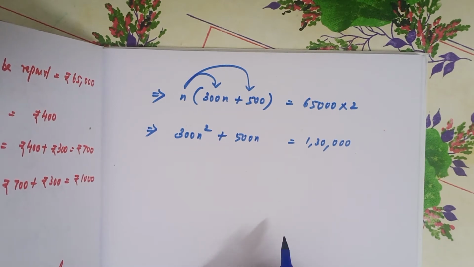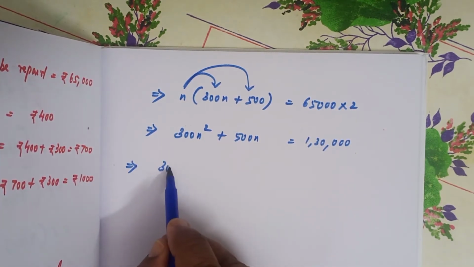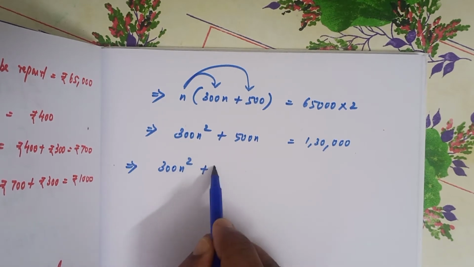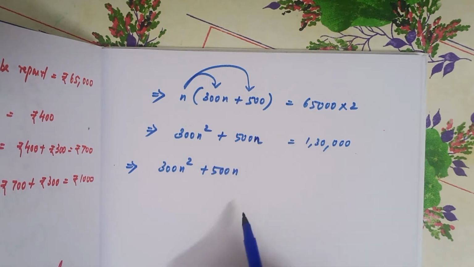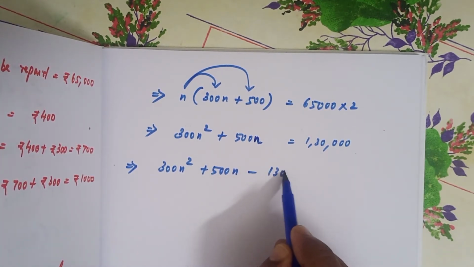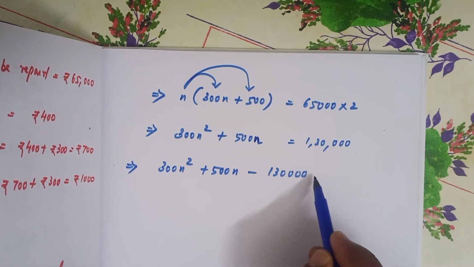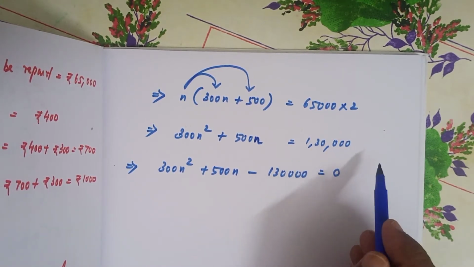Now, which implies 300n squared plus 500n. It comes to the left hand side, minus 1,30,000, equal to 0. Nothing on the right hand side.